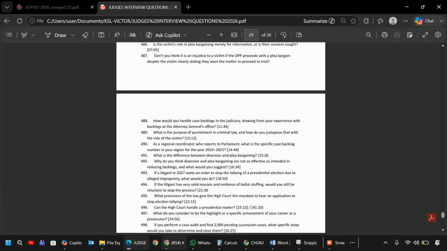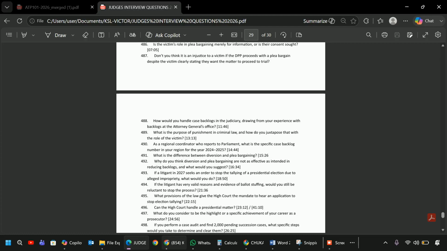Then if we look at the forum or control: diversion is an administrative or prosecutorial pathway. This may require court involvement if already in court, depending on the posture, and plea bargaining is a court-supervised statutory process, where the court must be satisfied on rights, voluntariness, and factual basis pursuant to Section 137F.